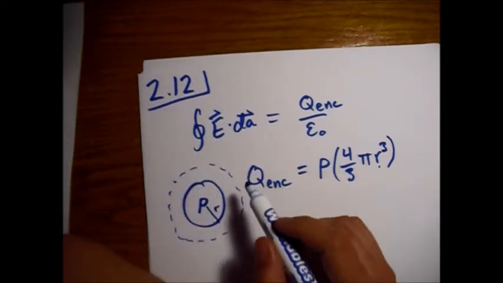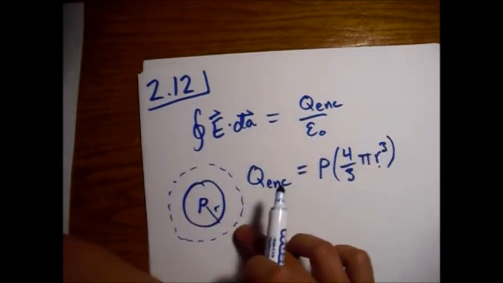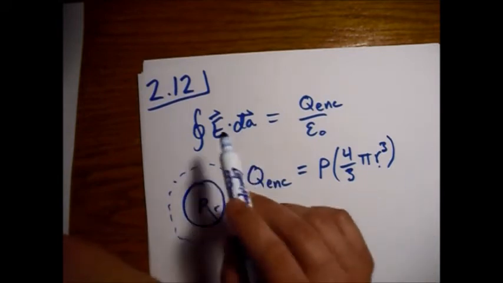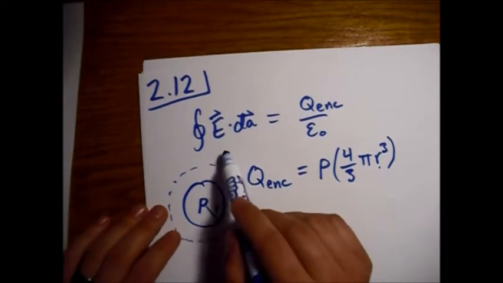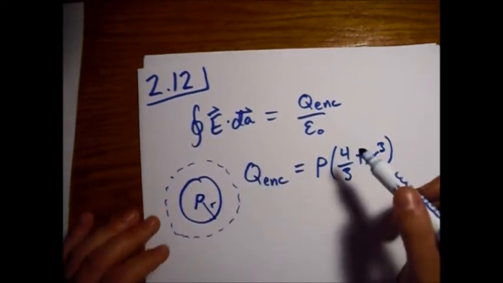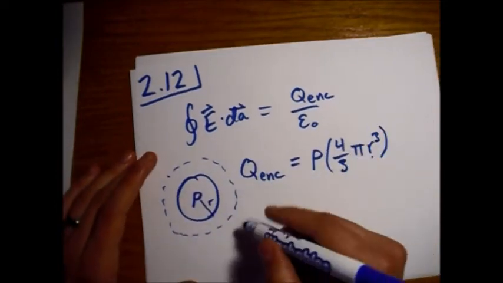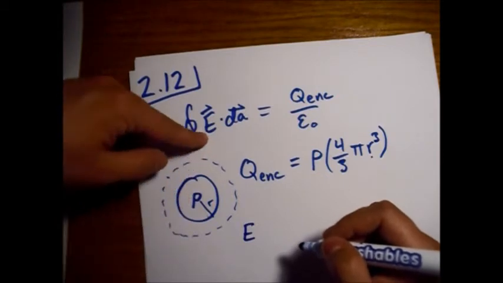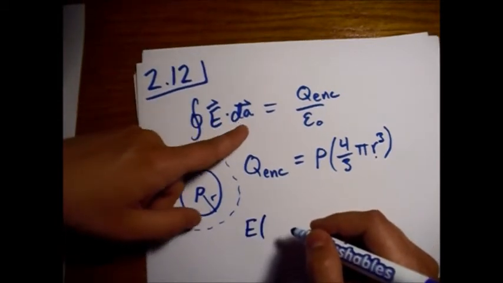alright, now by symmetry, this is a spherically symmetric situation, so we can use the Gauss's law trick, where if we do this whole integral out, we get the magnitude of E times the area.